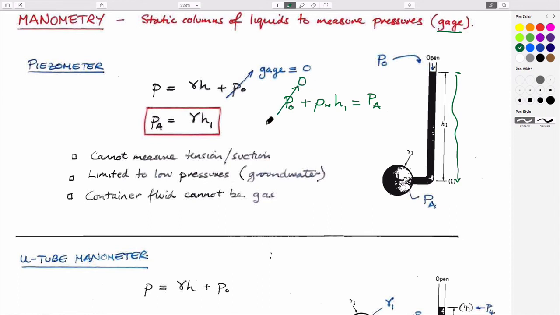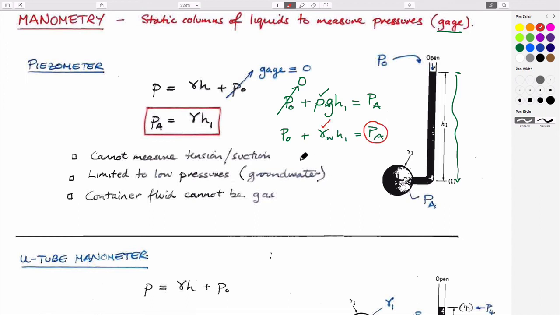If we do it in gauge pressure, then by definition, atmospheric pressure in terms of gauge pressure is 0. And if we know the density of water, and we know the height, and I'm missing one term here, right? This is gravity. So in other words, we could also write this as P0 plus unit weight of water times H1 is equal to PA. Then the only term that we don't know here is this. We know the unit weight of water.